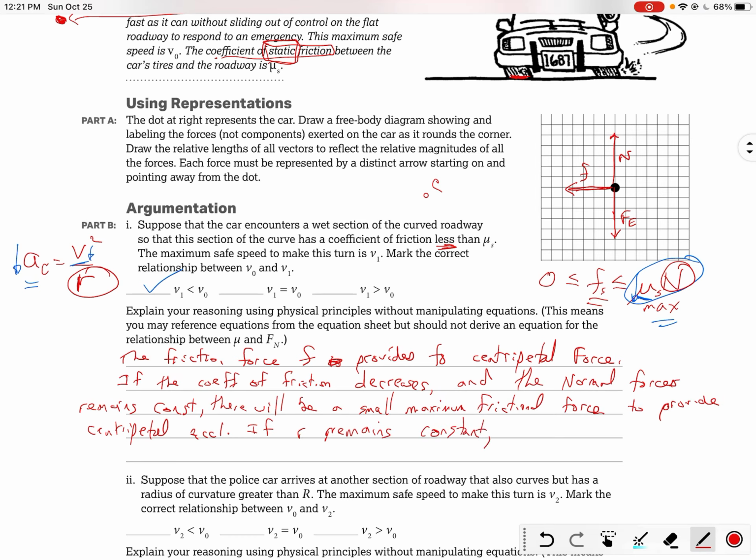So if the radius remains constant, then the max speed v1 must be smaller. So this is our conclusion, must be smaller than v0.